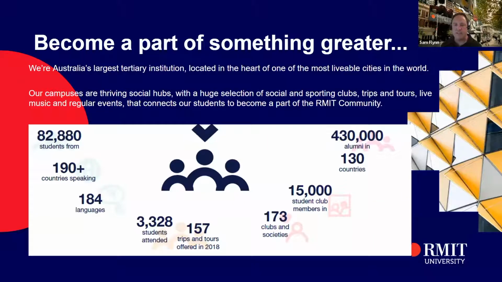A lot of our academic staff were international students themselves. About 40% of our academic staff were born outside of Australia, so they really understand the challenges and unique circumstances that international students find themselves in. We're actually ranked 83 globally and 15 in Australia for international students. So we really are an international university.